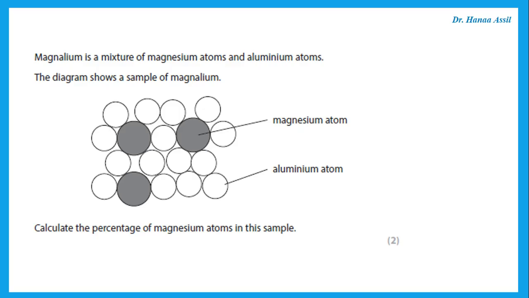The sample is a mixture of magnesium atoms and aluminium atoms, and he's saying calculate the percent of magnesium atoms in the sample. So for percent of the atoms, you're going to count the magnesium over the total times 100.